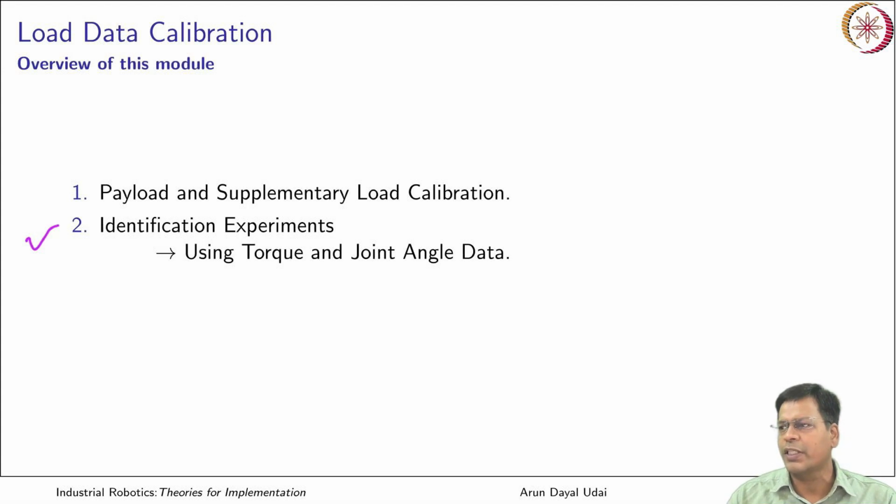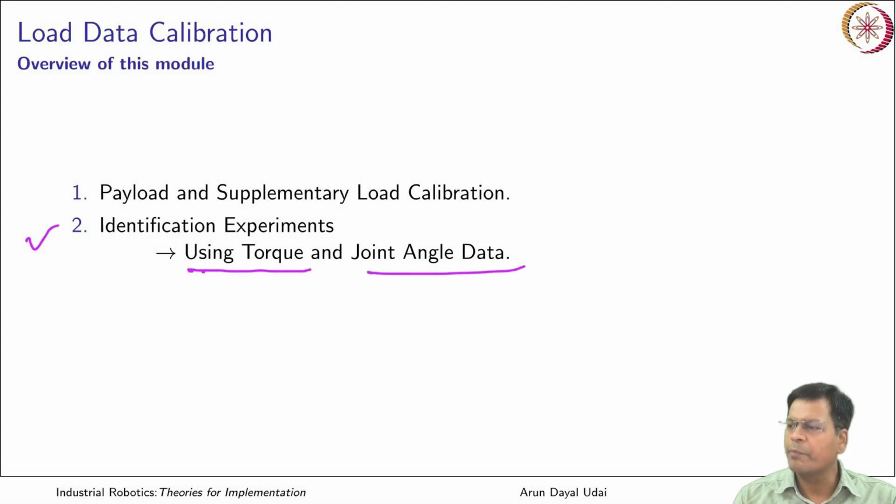We are doing identification in order to identify the moments that are going to come due to any static masses, that is, the static moments, which arise only due to the slow motion of the robot. We'll do that using torque and joint angle data by making different kinds of motion. We'll see this in much more detail.